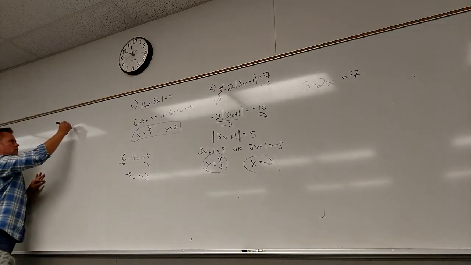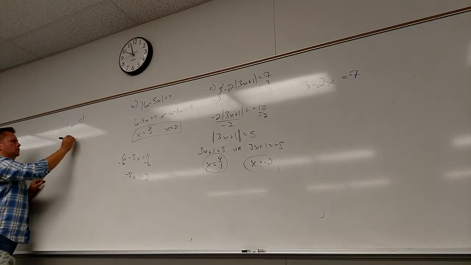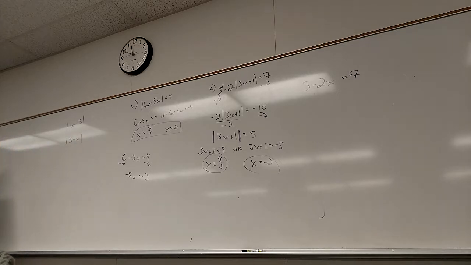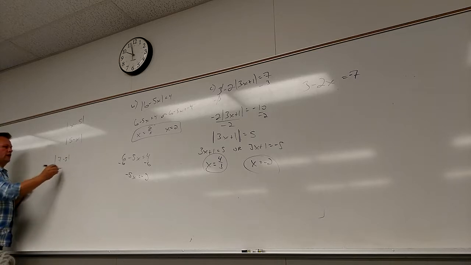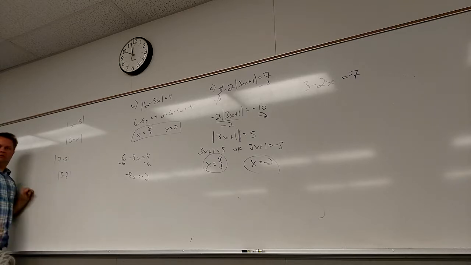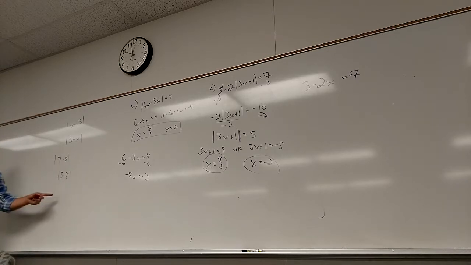What's the difference between these two things? Which one of these is bigger? I love this question. They are both the same, right? Because whatever x is, 7 minus 5 versus 5 minus 7, absolute value, these are the same number, because the absolute value takes the negative off. 5 and 7 are 2 apart.